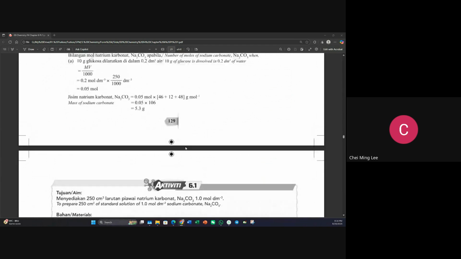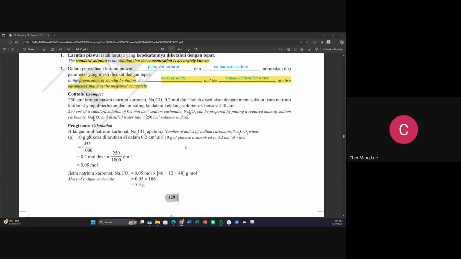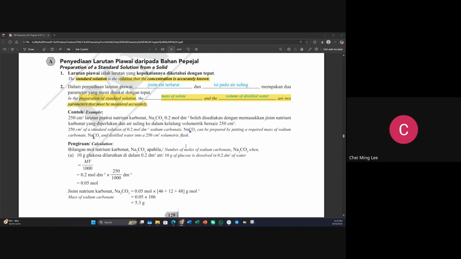Okay, correct. So first, we try to get the calculation, where 10 gram of this glucose is dissolved in 0.2 dm³ of water. So you get MV, so 0.2 times 250 over 1000, which is 0.05 mole. Provided here and here.